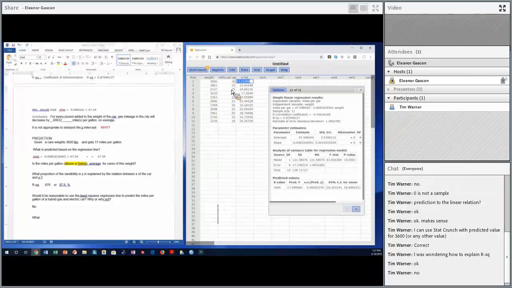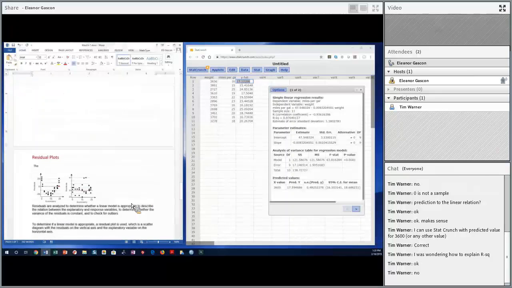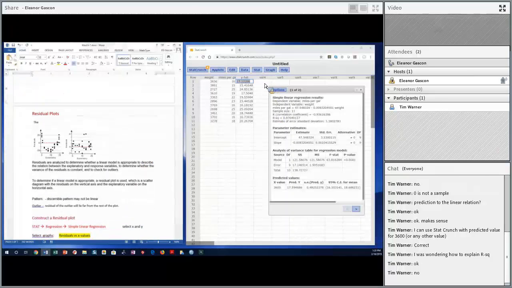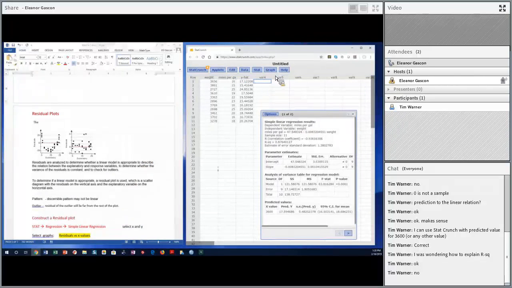The residuals are the difference between the actual values and the values from the formula. So if you want to actually do the calculations, you can do that, and then you plot the residuals. I forgot whether it's Y hat minus Y or Y minus Y hat, so let me double check so that I don't state it wrong.